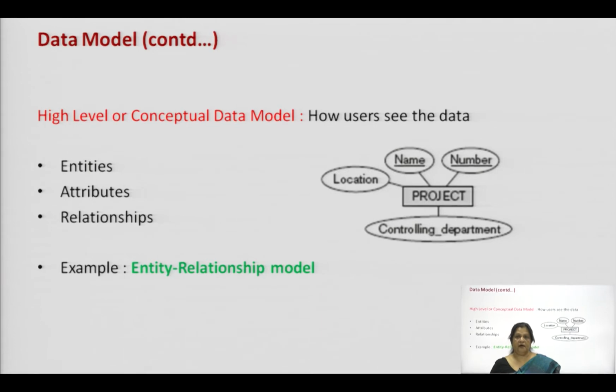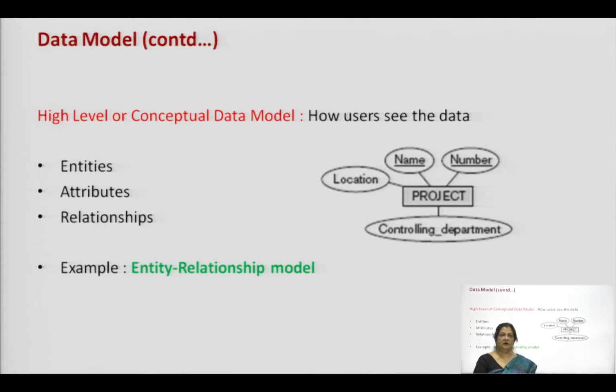It applies to how users see the data, that is how users perceive the data, in the sense of what are the objects in the data, what are the descriptors for those objects, and what are the relationships between the different objects in the data.